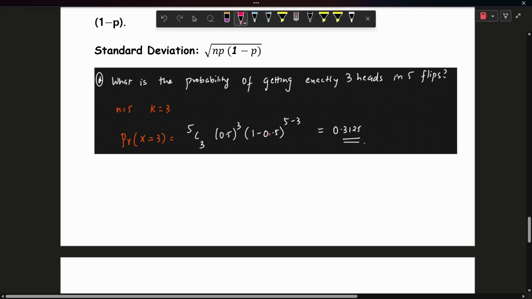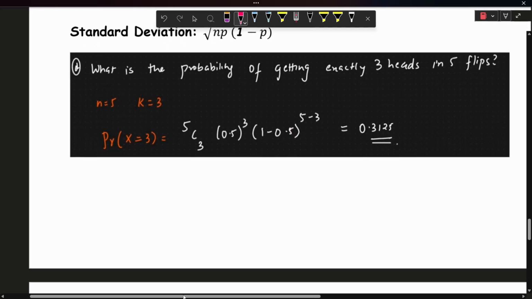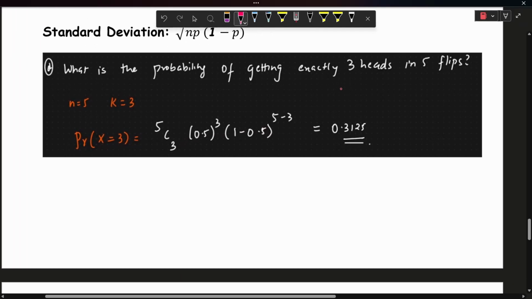So let's see an example here. What is the probability of getting 3 heads in 5 flips?